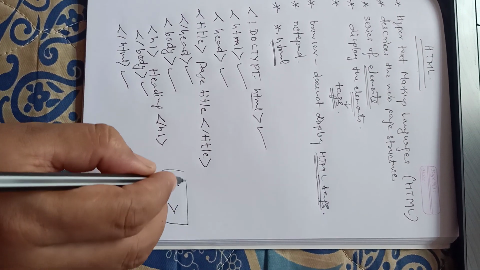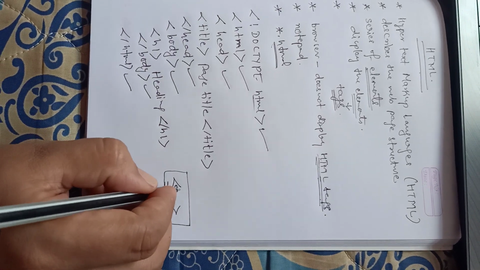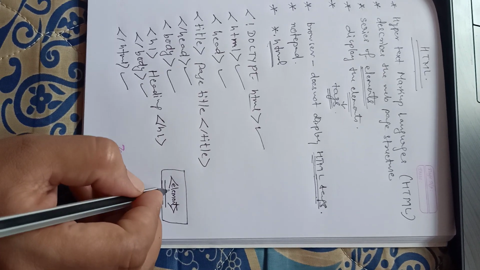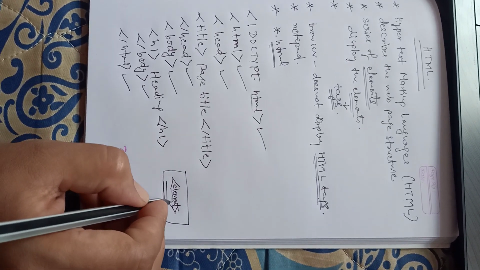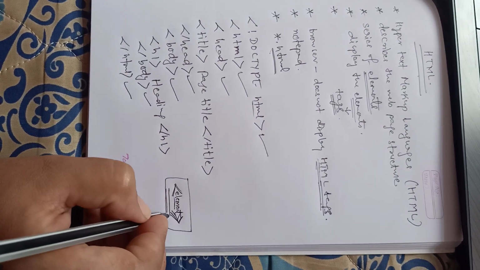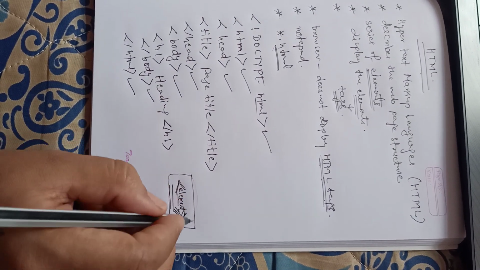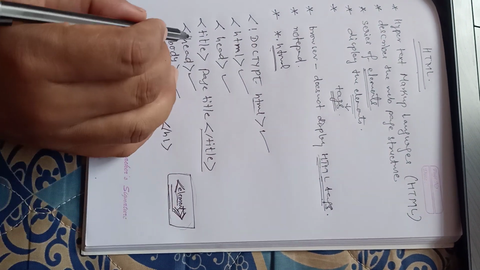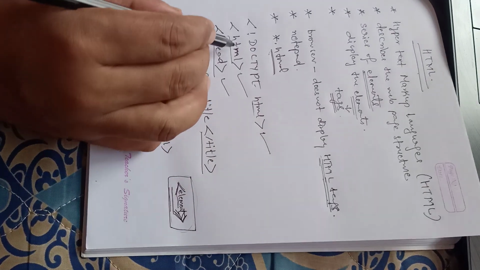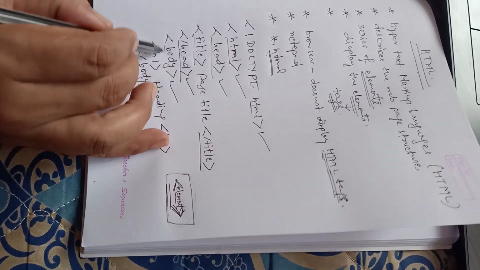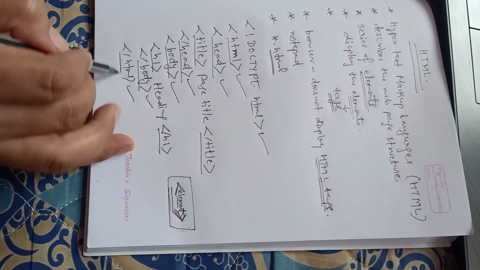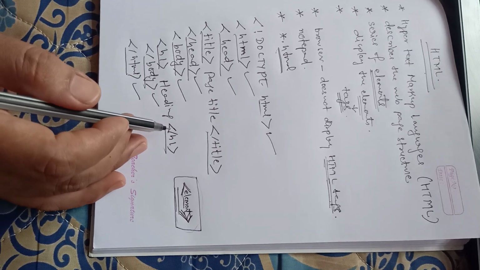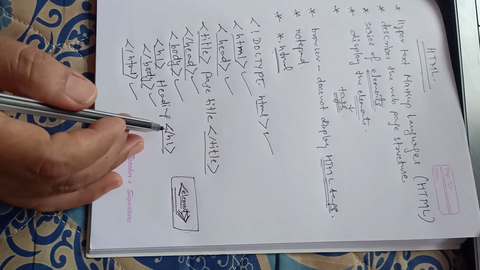This total thing is known as a tag. Whatever we write inside it, that is our element. So we write an HTML element inside the angular brackets, and this total thing is known as a tag. Here you can see we have title, head, body, h1, all these are tags. An HTML file will basically be a collection of a lot of tags.